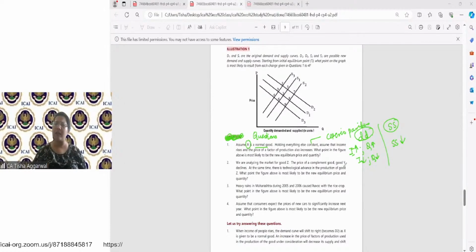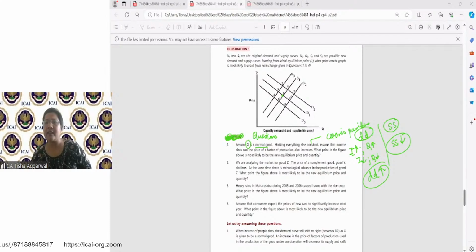What are they trying to tell you? They are trying to tell you that X is a normal good. Your income rises. So if your income rises, that means my demand is also rising. And they say that the price of factor of production rises. And that means the cost also rises. So supply declines. So if initially I am at D1 S1, initial equilibrium is 1.